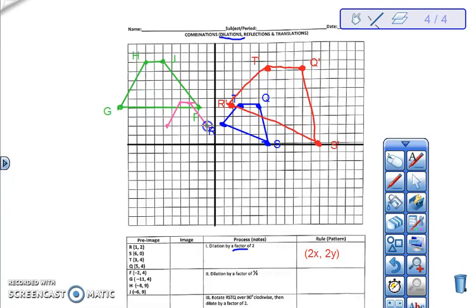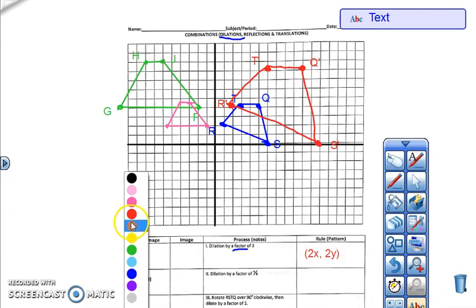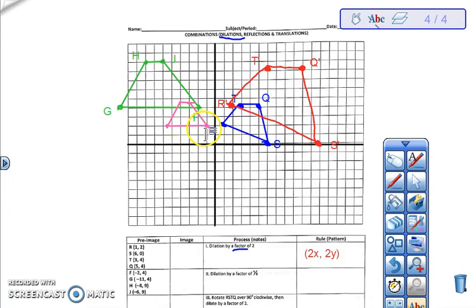So you notice it looks exactly the same, only everything is half as big. So if we go through and label everything, F prime is down here. The image of G is going to be over here. The image of J is going to be over here.